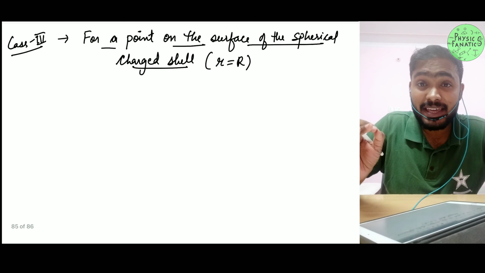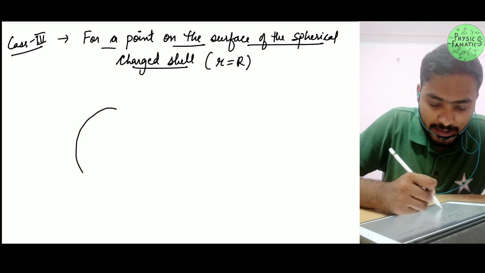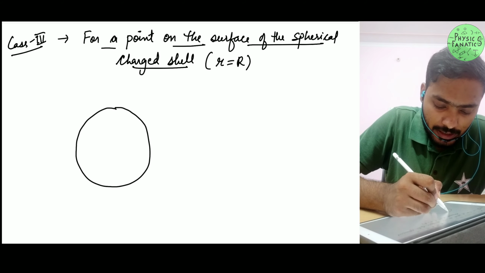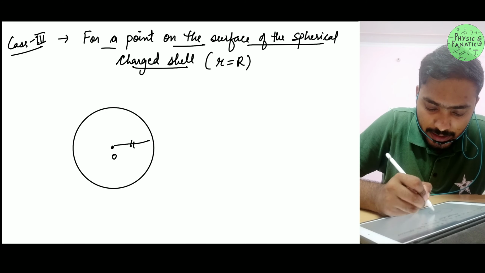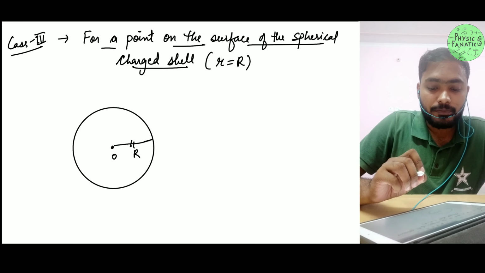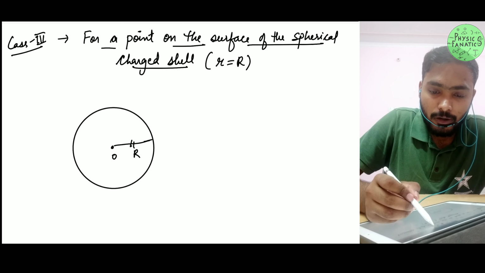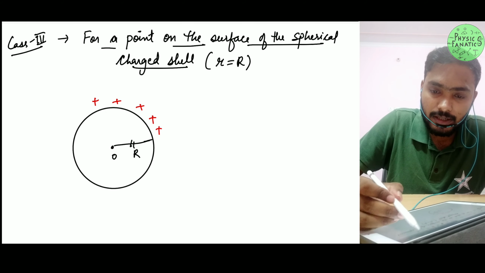So let's make the diagram. This is your spherical shell, and let's say this is my center. This distance is capital R. Now obviously all the charges are on the surface.